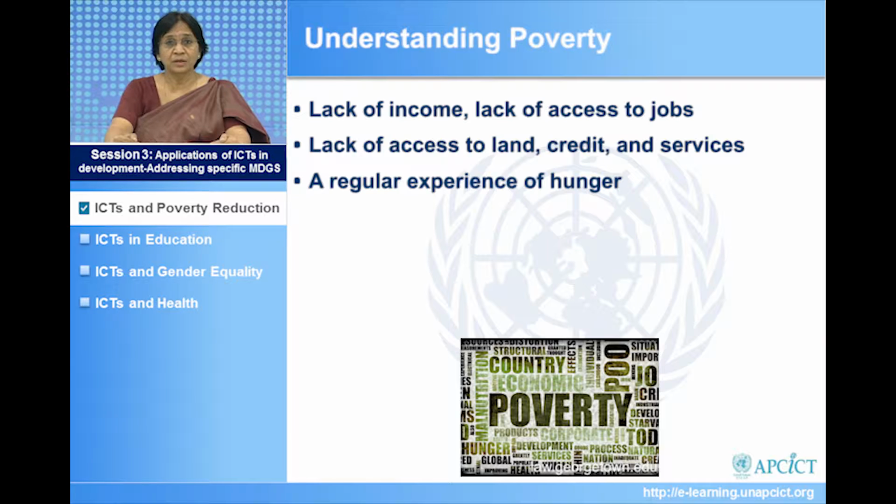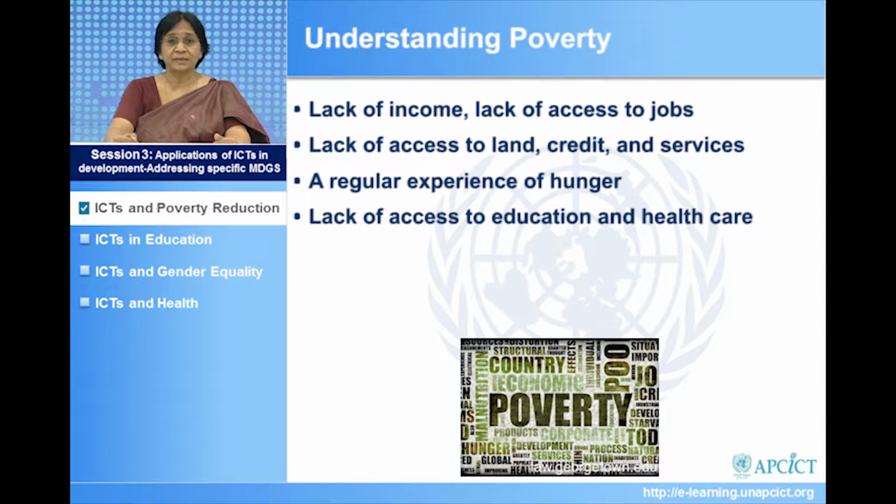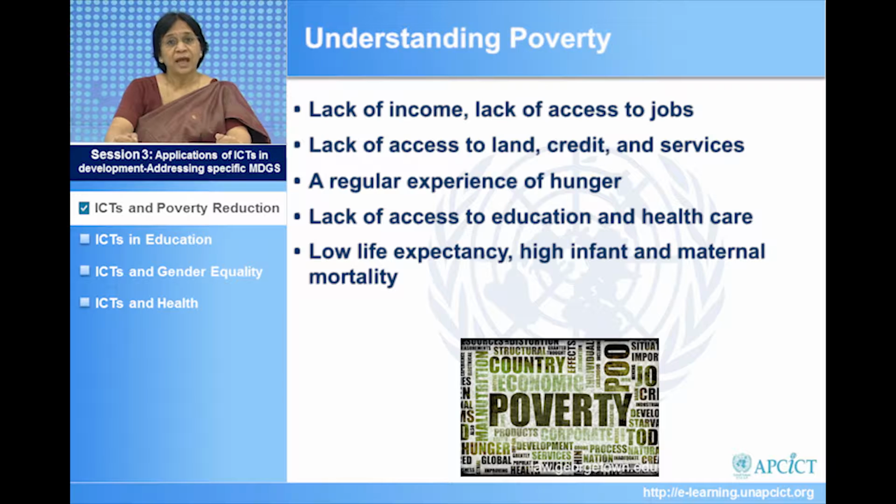The poor are hungry most of the time. Similarly, lack of education and of services provided by a government. Low life expectancy, huge infant and maternal mortality rates. These are greater among the poor than they are among the rich, simply because the poor cannot afford access to the kind of services that the rich can.